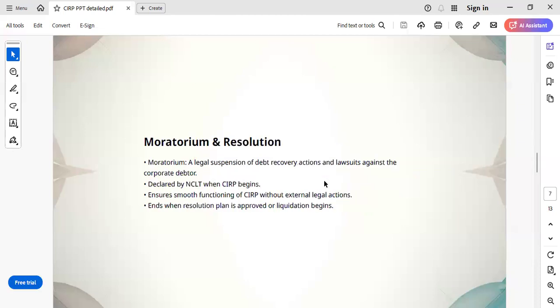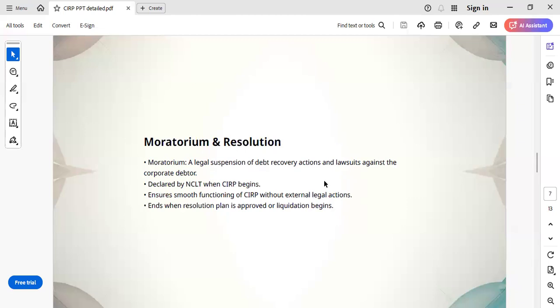What is a moratorium and what is a resolution? Moratorium is a legal suspension of debt recovery actions and lawsuits against the corporate debtor during the process. It is declared by the Honorable NCLT when CIRP begins.